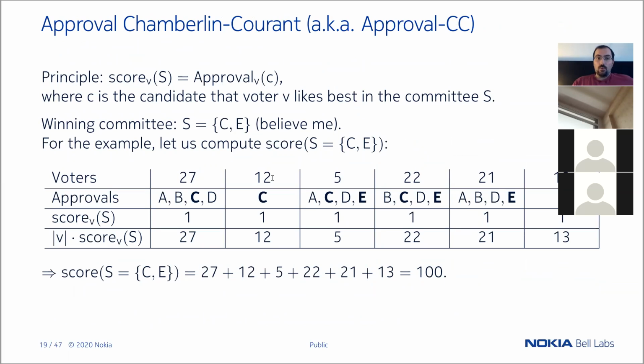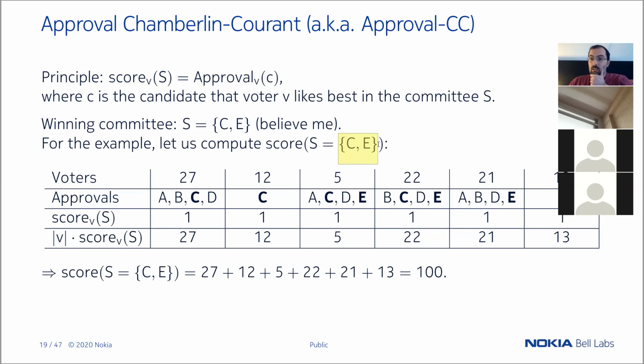In that case, we will say that the score that a voter assigns to a given set of candidates is the approval score that he assigns to the best candidate in the committee. That simply amounts to saying that if you like somebody in the committee, your level of happiness is 1. If you don't like anybody in the committee, your level of happiness is 0.